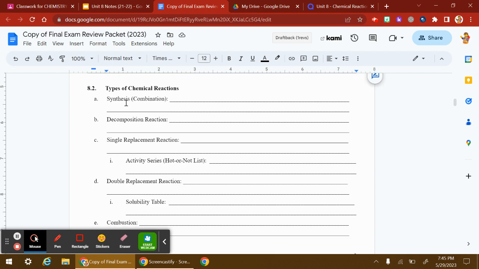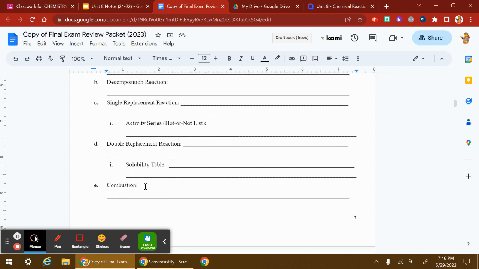Now, next up is types of chemical reactions. Okay, now what you're going to see on the final exam are examples of chemical equations written out and balanced, and you have to tell me what type of reaction it is. Is it a synthesis, decomposition, single or double replacement, or is it combustion?